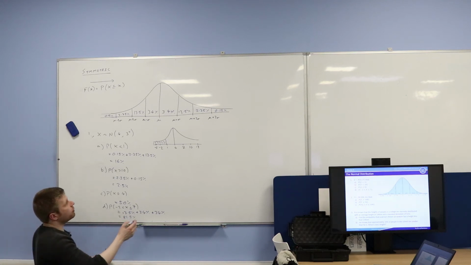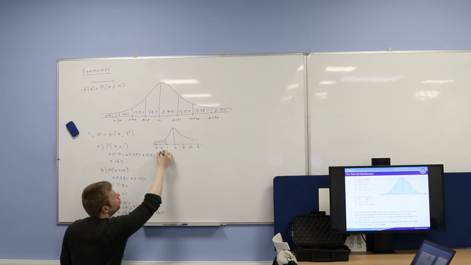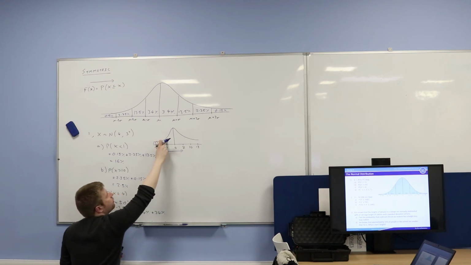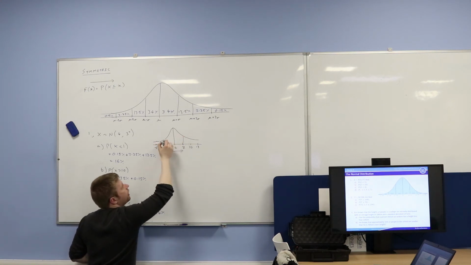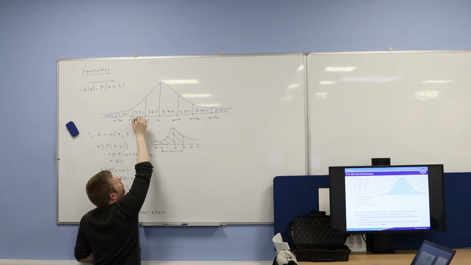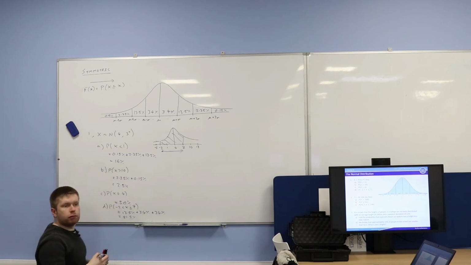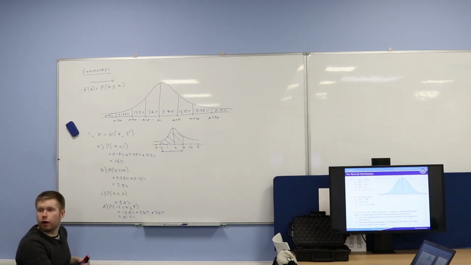So you're looking between -2 and 7. Does that make sense now? Good, so you're looking at that area there, so you're going to have to add that one and that one together. So 81.5. Does that make sense to everyone, the process of how we do it?